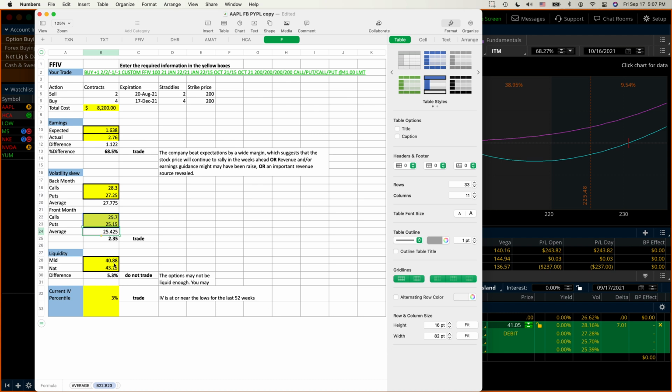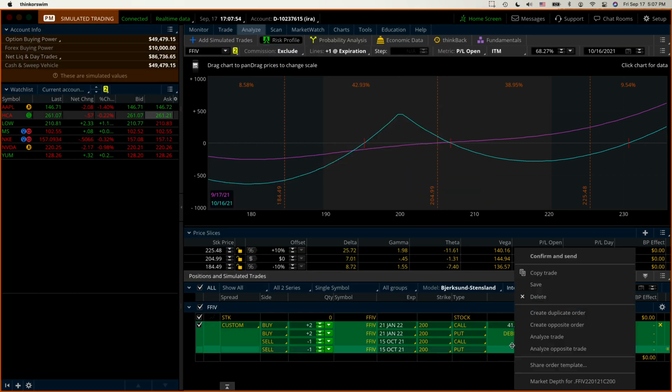We want to see good volatility increases. Okay, so now the mid is 41.05 currently. I just look at it here in the bottom right corner of your screen. The debit 41.05. Let's put that here, 41.05, and the natural should be easy to calculate.